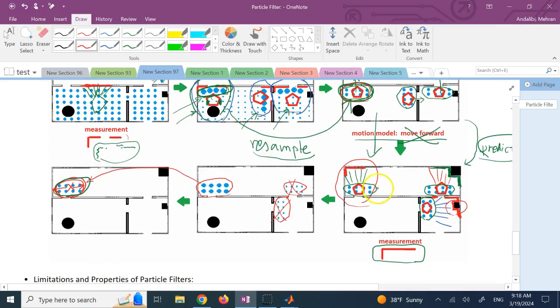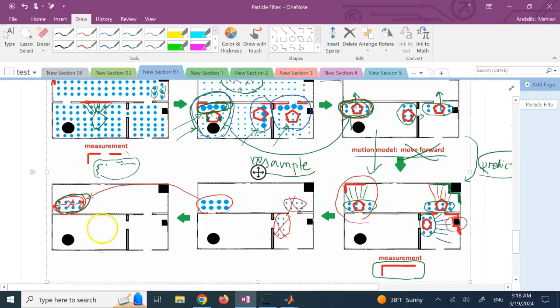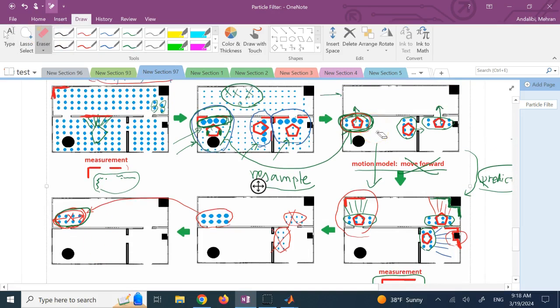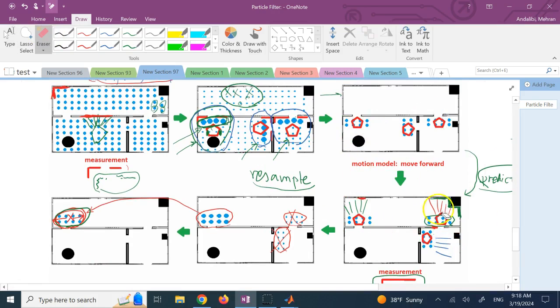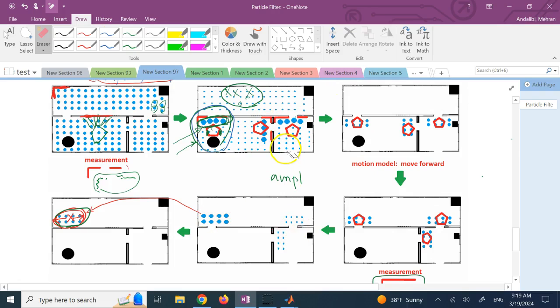And you can see that in example 2, if my sensor is perfect but the model is not, what can happen? Let me show you here. Let's say my model is no good. Although I told it to move forward, now my transition model predicts that instead of these guys passing through those openings, they move maybe a little bit to the right and forward.